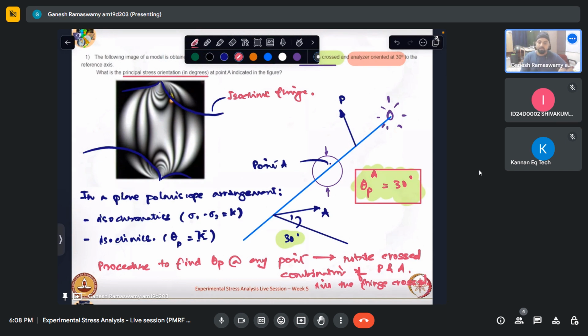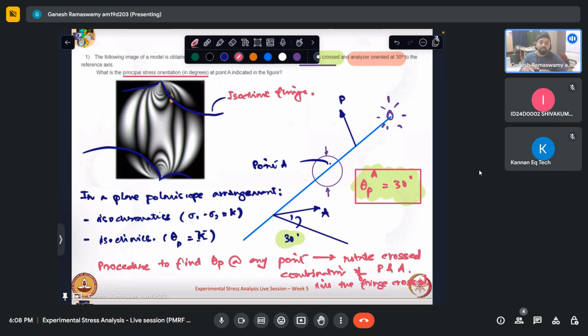And suppose I rotate the polarizer analyzer crossed combination, and the fringes don't move, it implies that those fringes are isochromatics. Whereas if they move with my rotation, then naturally there is an angular dependence, which implies that those are isoclinic fringes. There is another way to differentiate between isoclinics and isochromatics. Let us say that we load it more.